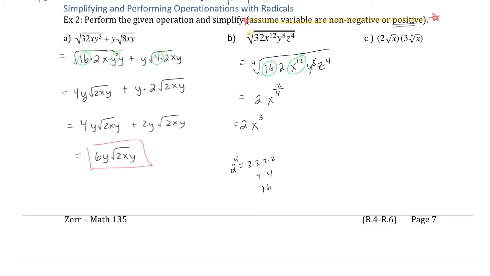And then I can take the fourth root of y to the 8th, and just divide that 8 by 4, and so we would get y squared. And finally, we can take the fourth root of z to the 4th, and just divide by 4 there, and we would get z. And don't forget, we've got a 2 that still didn't get simplified, so we need to multiply that times the fourth root of 2.